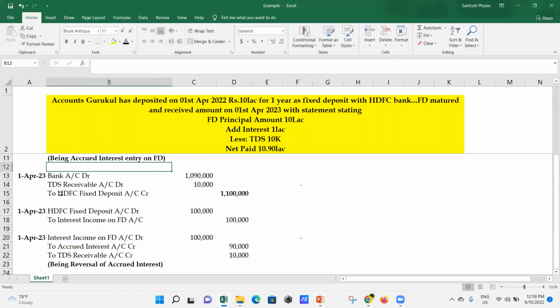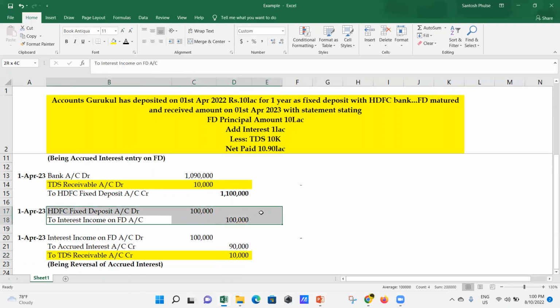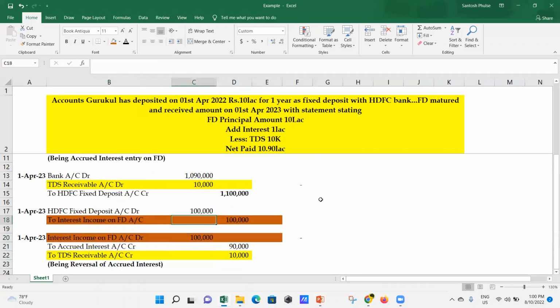So the TDS receivables, you are able to see is 10,000 debit, and through the reversal it is a credit 10,000. So impact is 0 for this financial year. If you see the interest income on FD, it's 1 lakh, and through the reversal entry, it's debited again the 1 lakh. So the interest on FD also, you can see it's a 0 impact in the books for this current financial year.